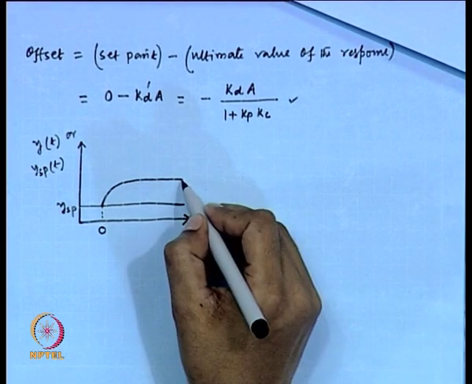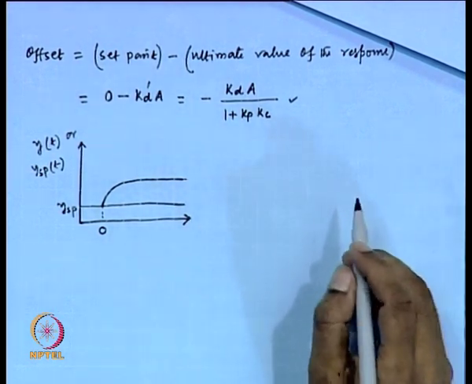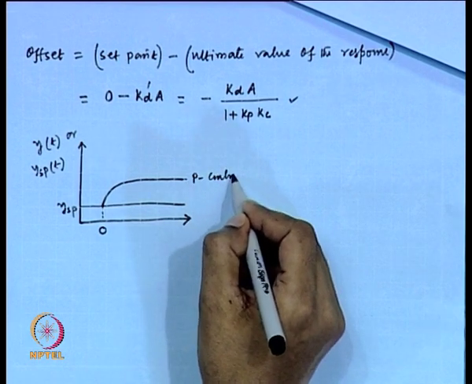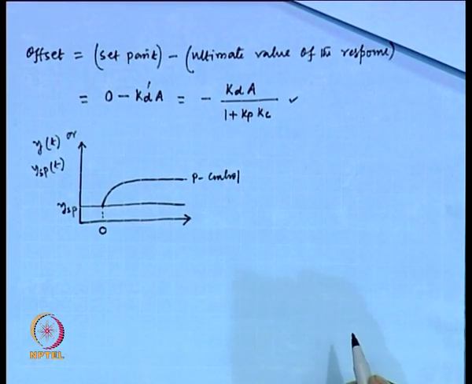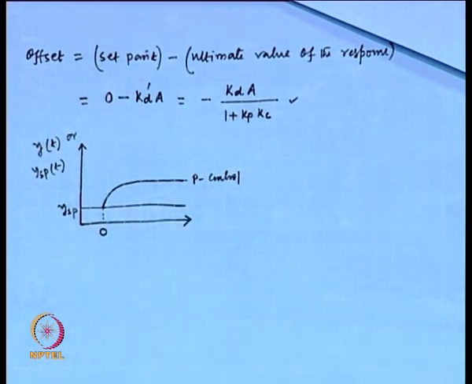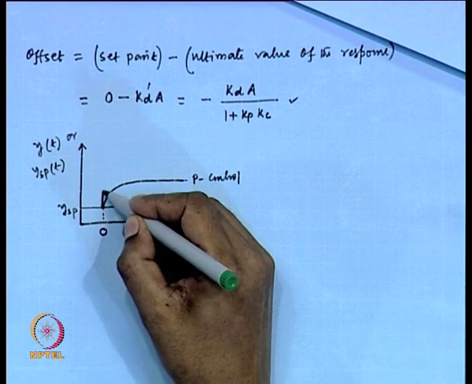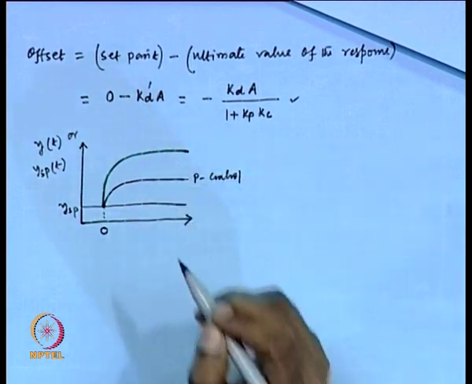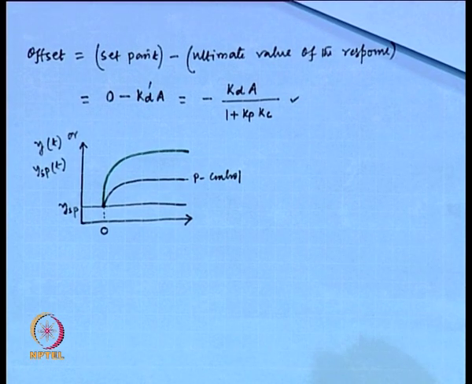This is the process output under P control. And if there is no control, then the process response behaves like this.